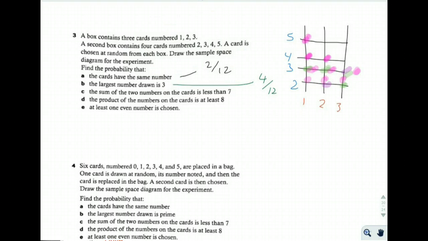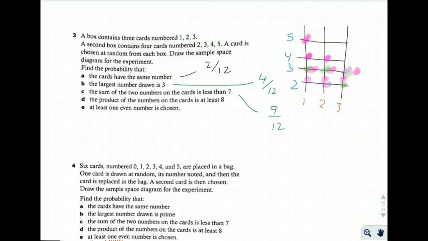And I think that's it. Okay, so 1, 2, 3, 4, 5, 6, 7, 8, 9. So there's 9 possibilities that add up to 6 or less.